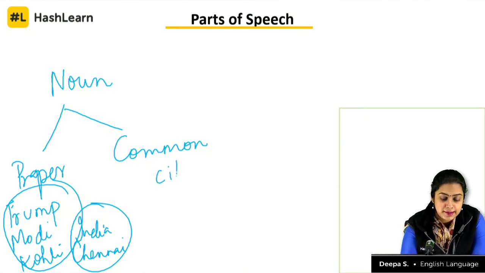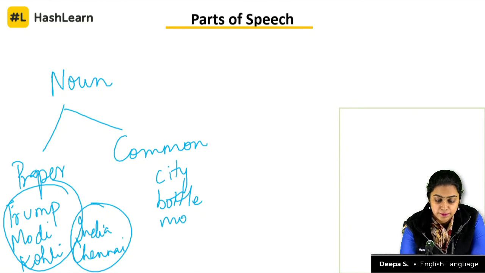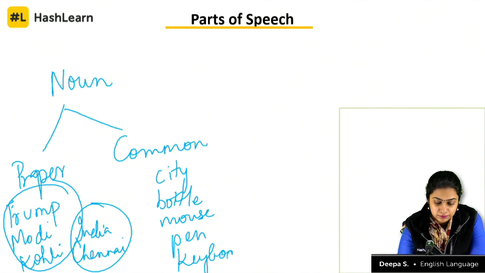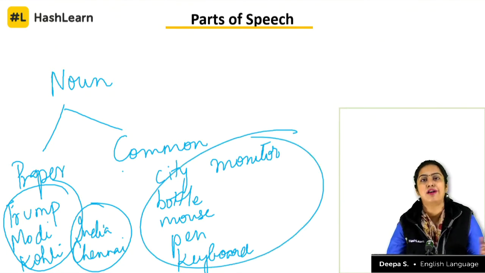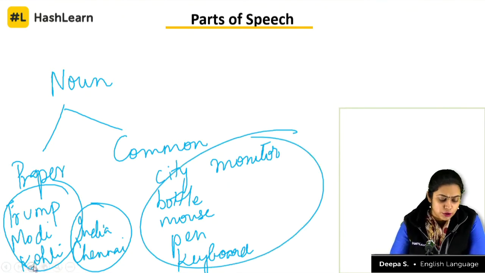Common nouns: city, bottle, mouse, pen, keyboard, monitor. All of these are common nouns. So you would know that by now.